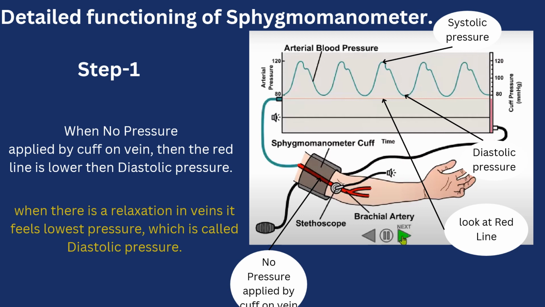When there is relaxation in the vein, it feels the lowest pressure, which is called diastolic pressure. Here you can see the red line. This is systolic pressure, and this is diastolic pressure. I will explain systolic pressure in the next slide, but keep looking at the red line.